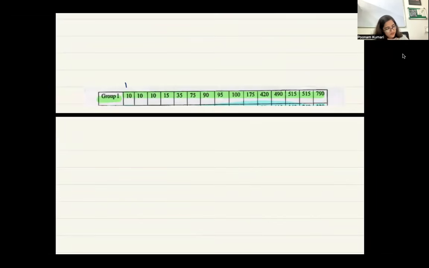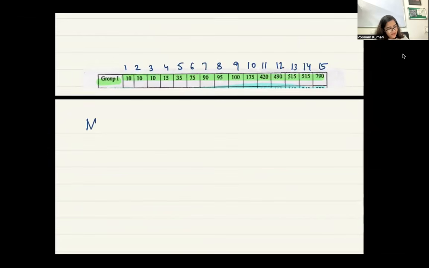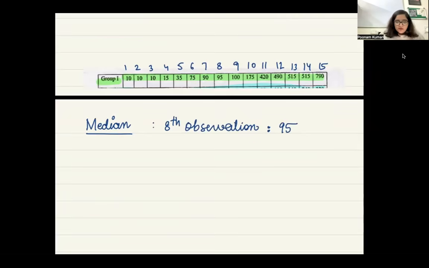15. 1, 2, 3, 4, 5, 6, 7, 8, 9, 10, 11, 12, 13, 14, 15. What is going to be my median here? Which observation? Eighth observation. Eighth observation. And that is 95. So my median value is 95. Okay. Now what do you do? To find the lower fourth and upper fourth, what should we do?